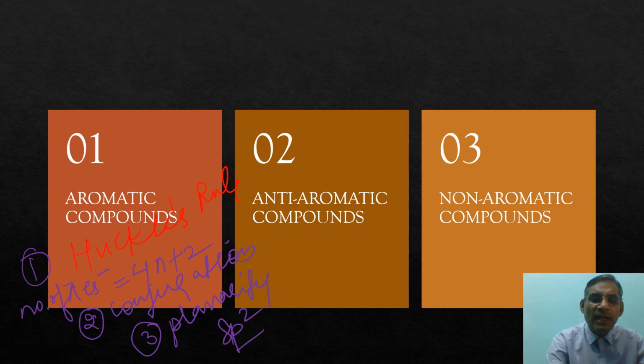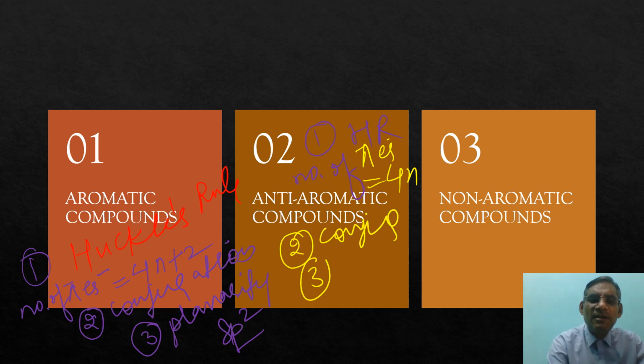The same thing you will apply here for anti-aromatic compounds also. First, Hückel's rule. Here Hückel's rule is that the number of pi electrons is equal to 4n. And then second, conjugation must be there, and then third, planarity must be there.